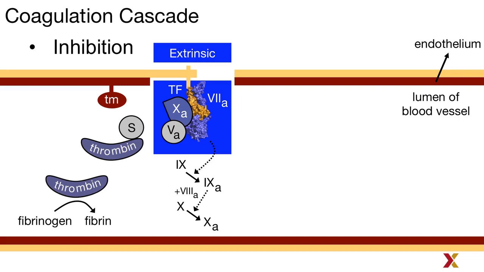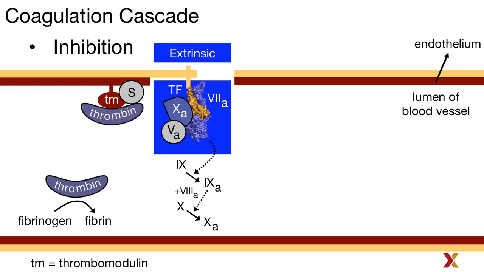Now that the vascular lesion has been sealed and plugged up, how is the coagulation cascade stopped? Ironically, thrombin plays a central role in the deactivation of the coagulation cascade and in controlling the size of the blood clot. Over time, thrombin forms a complex with protein S. Then thrombin and protein S form a ternary complex with thrombomodulin, a membrane protein found at the surface of vascular endothelium cells on the lumen side of the blood vessel.